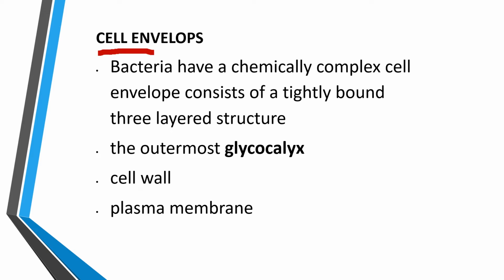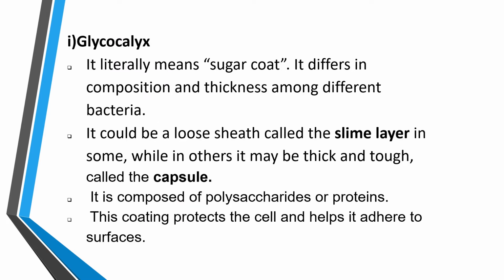Cell envelopes mainly include three wall layers: the outermost glycocalyx, the middle is cell wall, and the innermost plasma membrane or cell membrane. Let's start to discuss the outermost layer, that is glycocalyx.